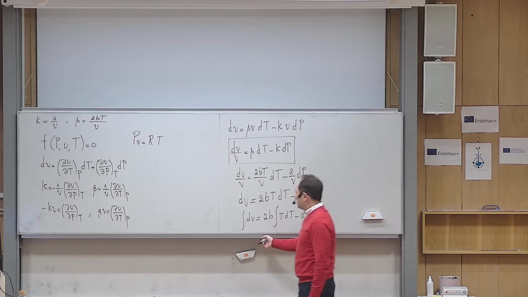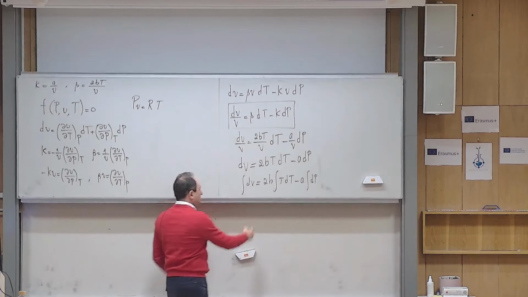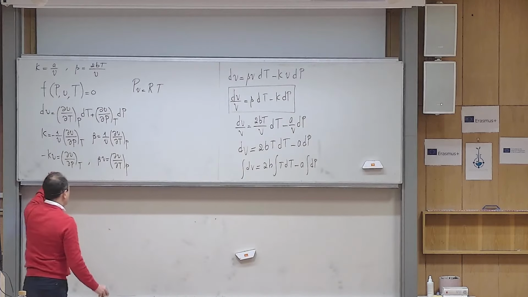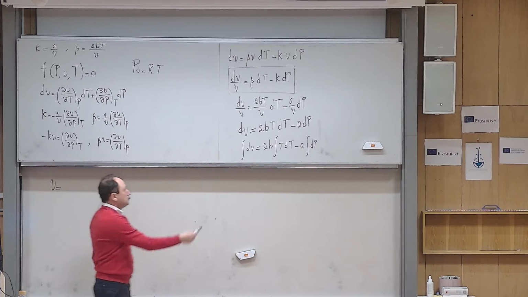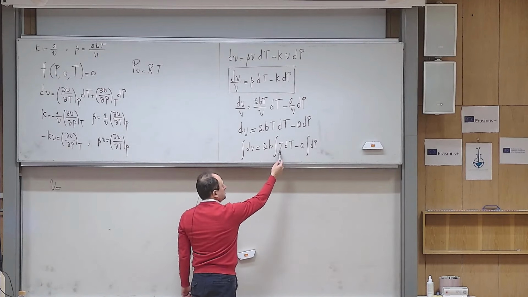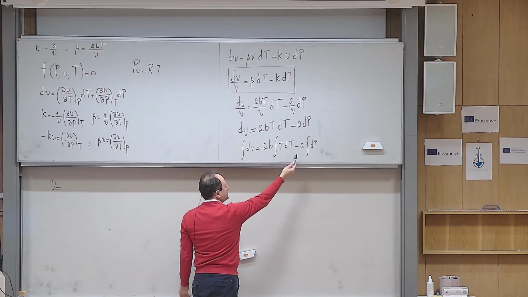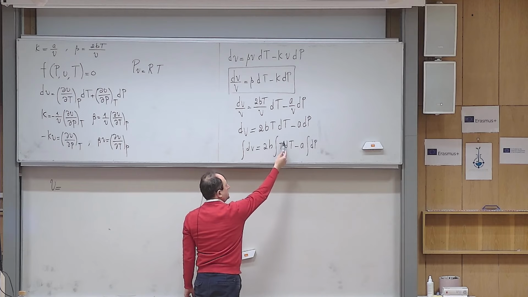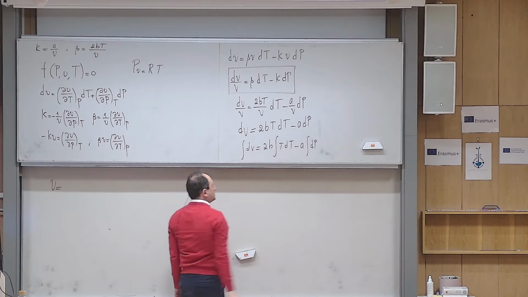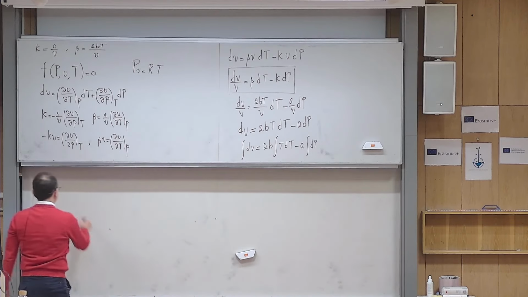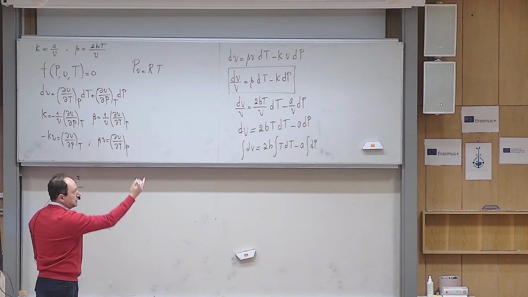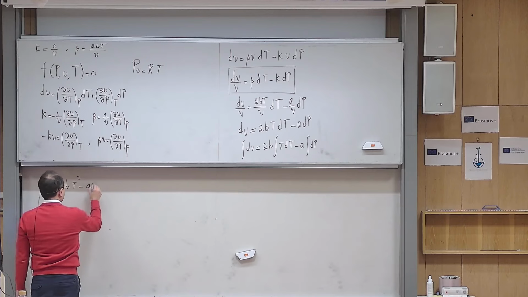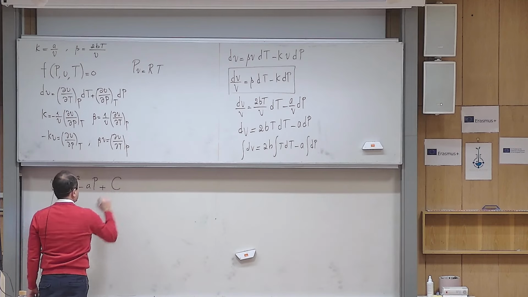The primitive function of dV is simply V. On the right-hand side, I have 2b, but a primitive function for T, when T itself is the variable, is one half T squared. The one half will cancel this 2, so I will have bT squared. And then finally, the integral of dP is simply P. And of course, I have a constant of integration.